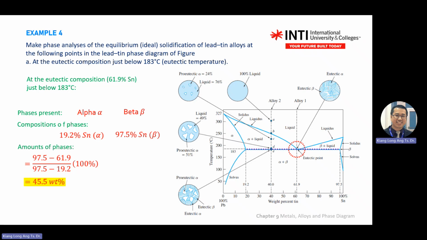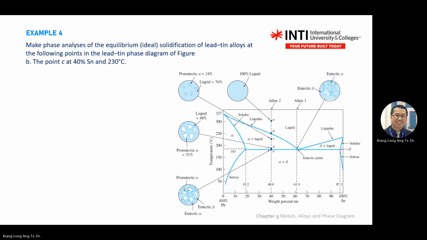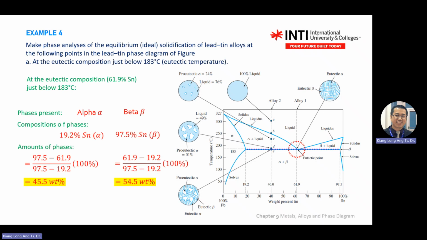Beta is the other side, so you take the total length and this side. It's the same concept as the lever rule. The answer is 45.5 wt% and 54.5 wt%. These are the formats that you follow.